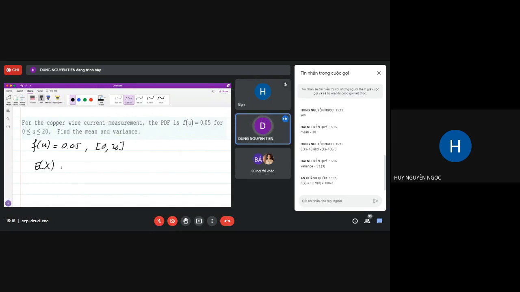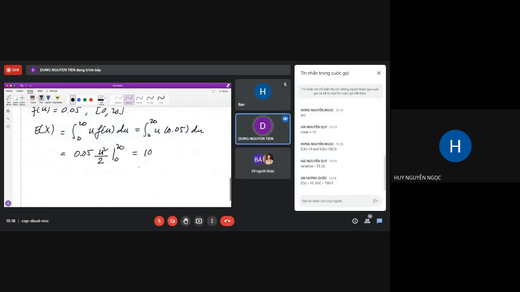Then the mean of x is the integral from 0 to 20 of u times f(u) du, and that is the integral from 0 to 20 of u times 0.05 du. And then you come up with 0.05 u squared over 2 from 0 to 20, and that is 10. We can do the calculations to get that answer.